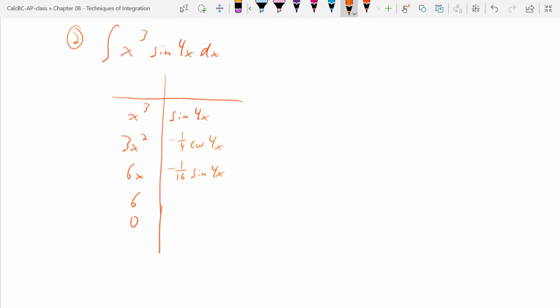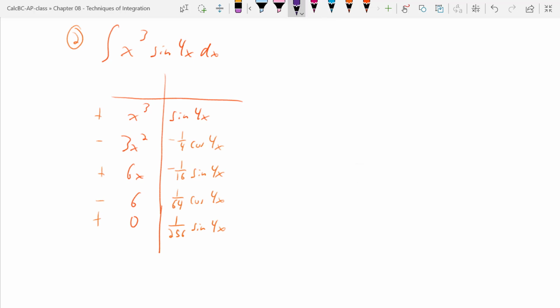Then this is going to cycle back to become positive, divided by 4 again, 1/64 cosine of 4x. Then finally we get, 64 times 4 is 256, sine of 4x. Plus, minus, plus, minus, plus.